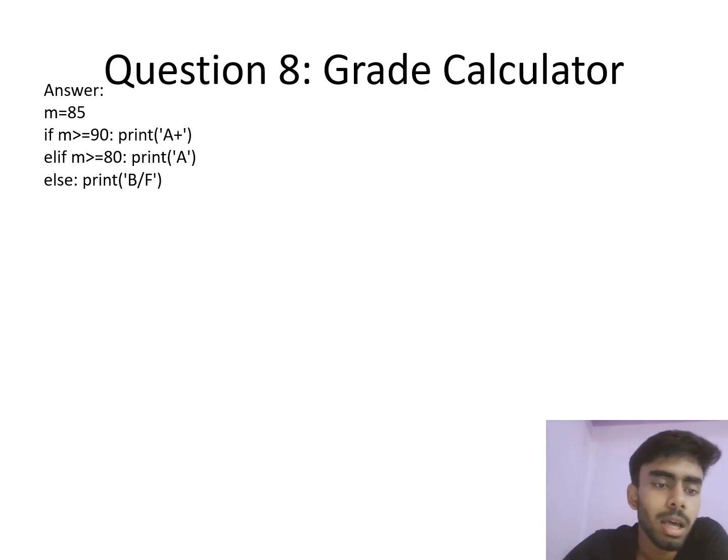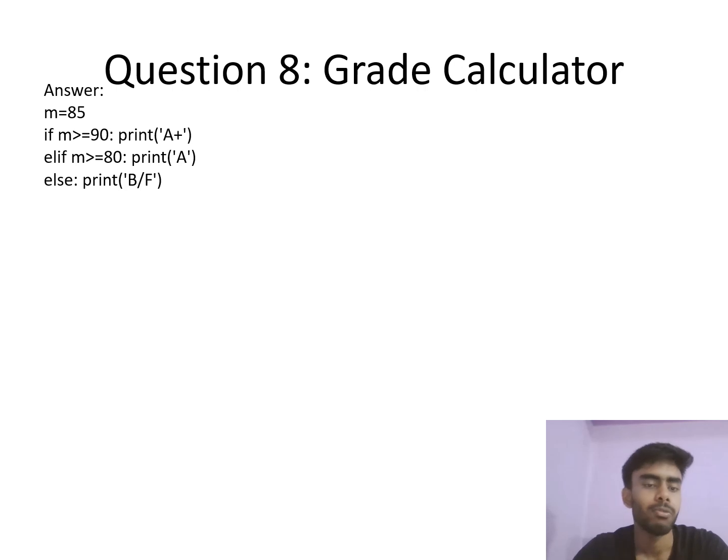Like here, if m is greater than or equal to 90, then print A plus grade. If the student gets 90 or above, then the grade is A plus. Else if greater than or equal to 80, then print A grade.